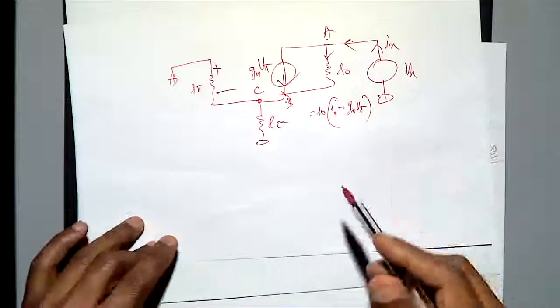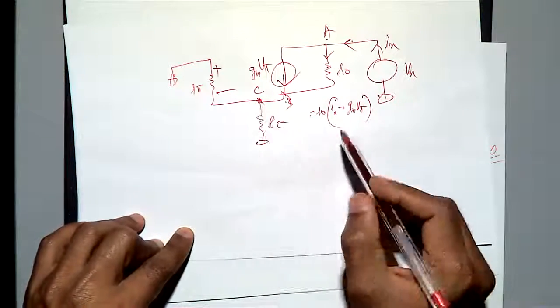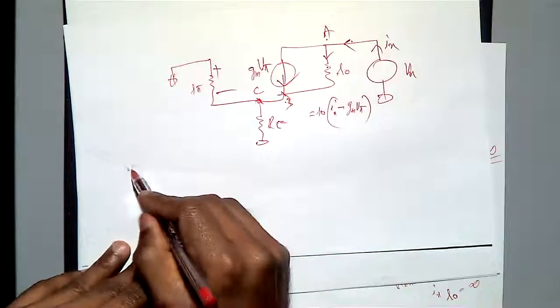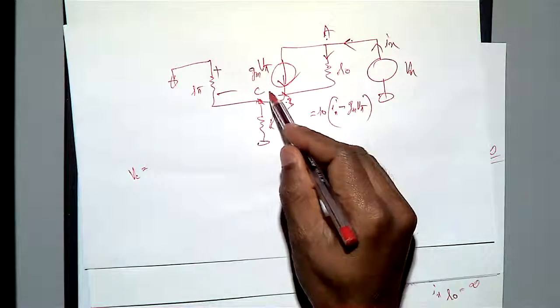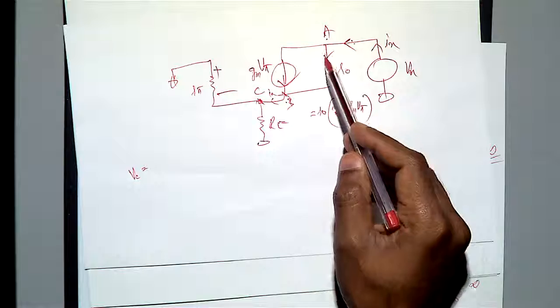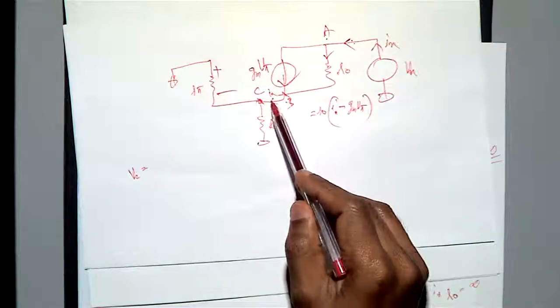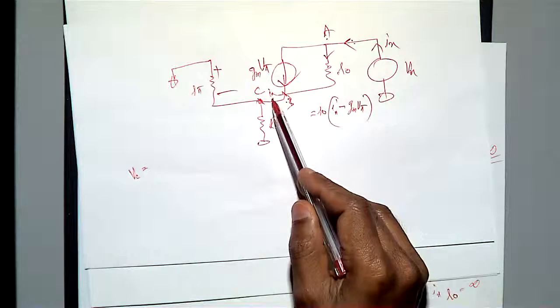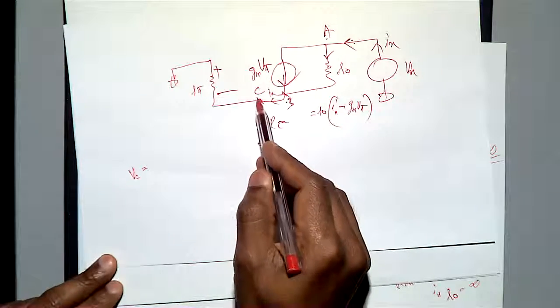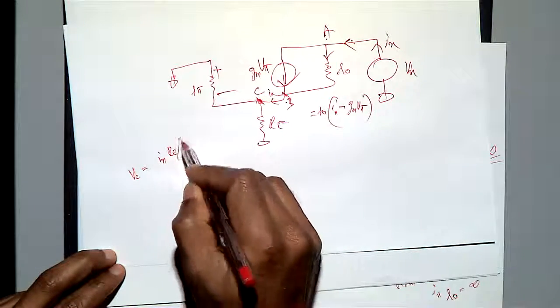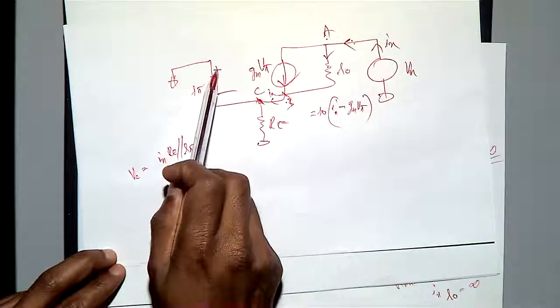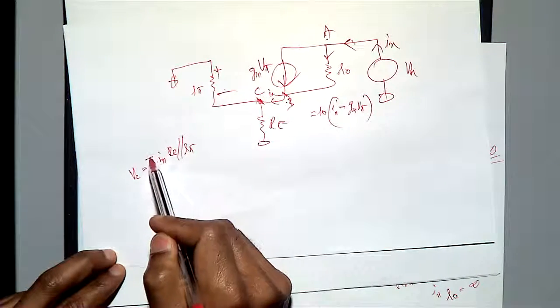Then what is the voltage at C? What is the current here? Ix current will come, and this is Ix current. If Ix current is coming, what is the voltage here? Yeah, Ix into Re parallel r pi, but since the positive side of C is grounded, you get minus.